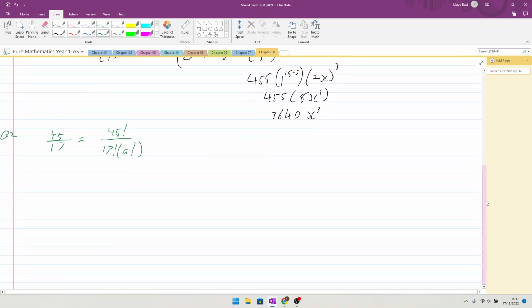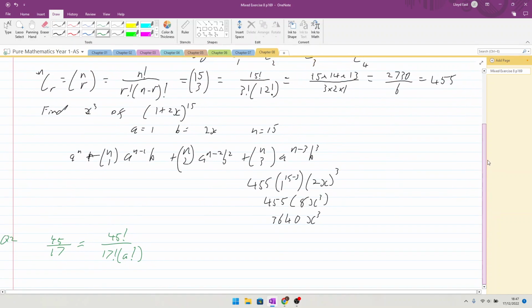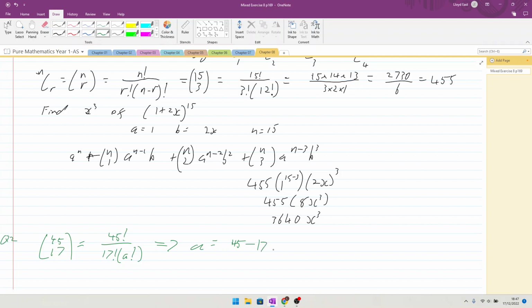And we know from the previous question, because I wrote down the formula, that nCr is equal to this formula. So we've got 45 minus 17 in there. Therefore a is equal to 45 minus 17, which is 28. A is equal to 28.